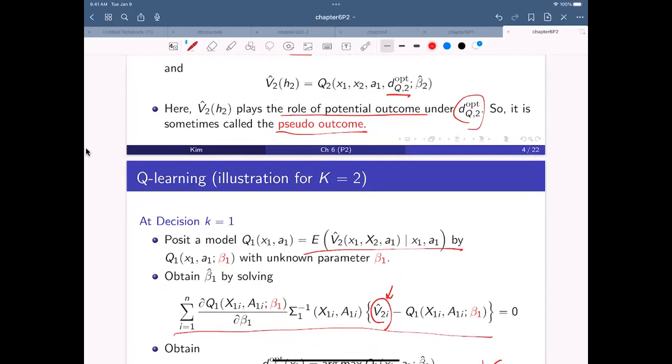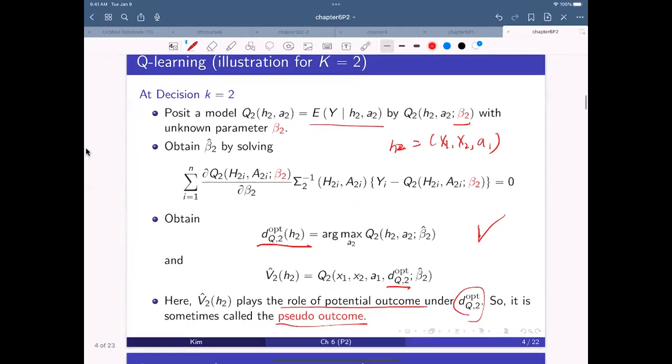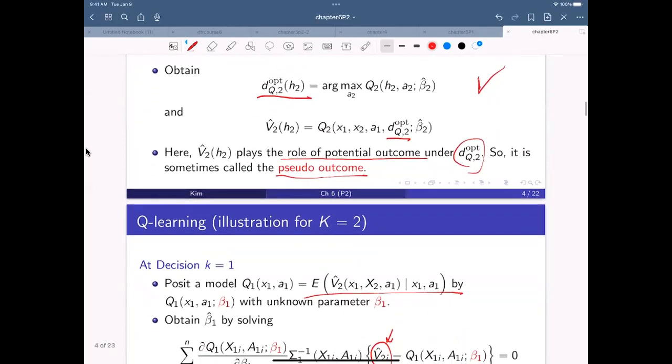Here the parametric model for y on everything else is maybe okay, but this involves a maximum, right?